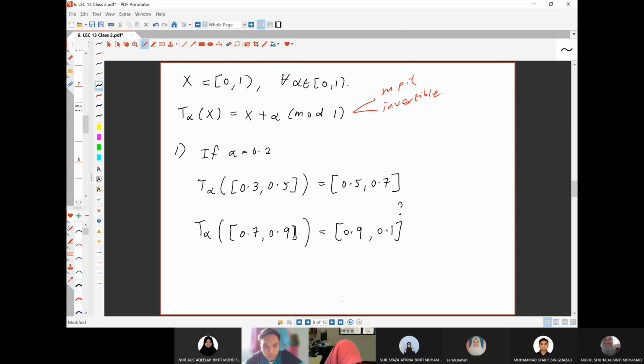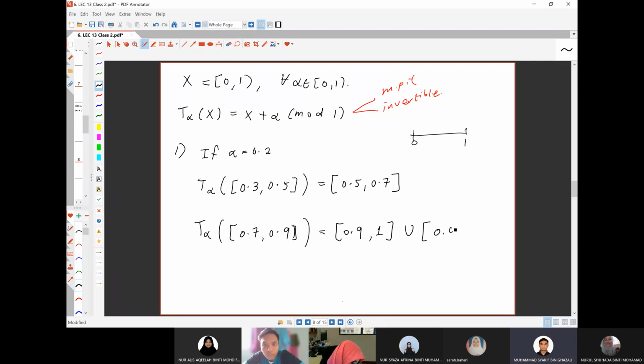Can we write 0.9 to 0.1 like this? Because the segment is like this. So you should write 0.9 to 1, and then union with 0 to 0.1.